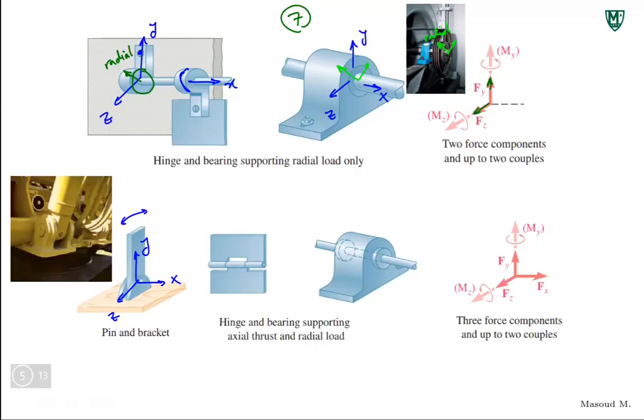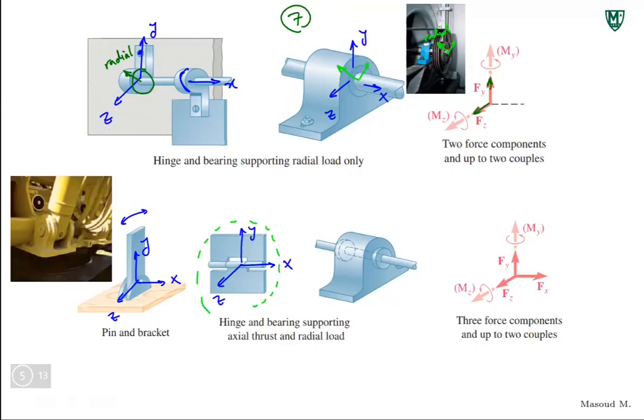Now, this hinge is the typical hinge you see in a door. A door cannot do anything except rotation about the axis of the hinge, which in this case is X. The only rotation you get from a hinge is the rotation about the axis of the hinge.